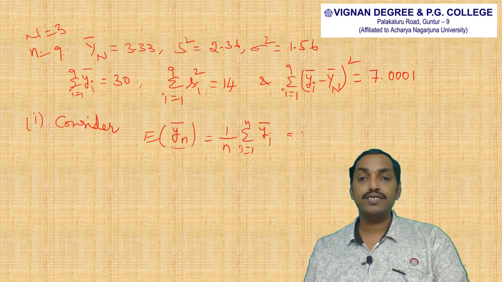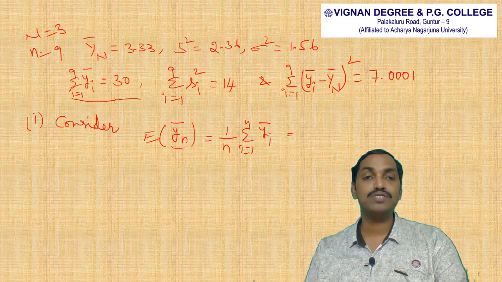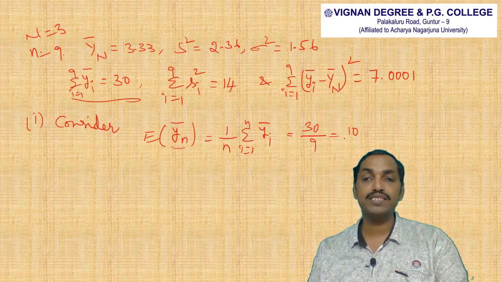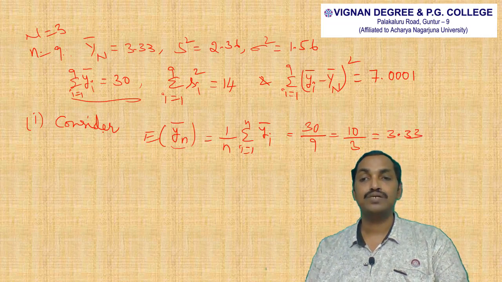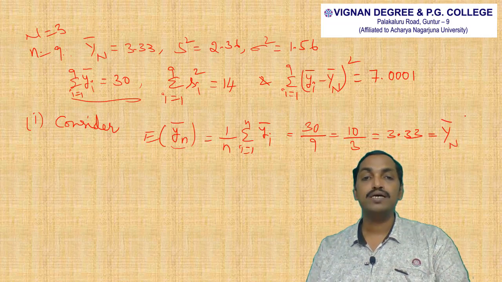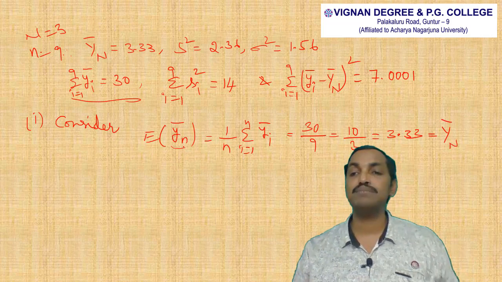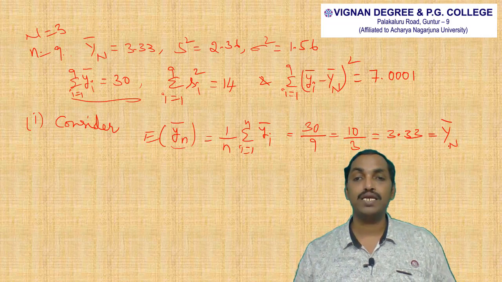Here summation yi bar is equal to 30. 30 divided by 9 is equal to 10 by 3, which is the same as 3.33. That is nothing but capital Yn bar. So the sample mean is an unbiased estimator of the population mean.